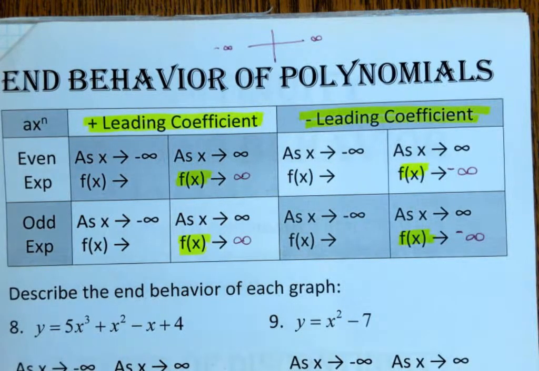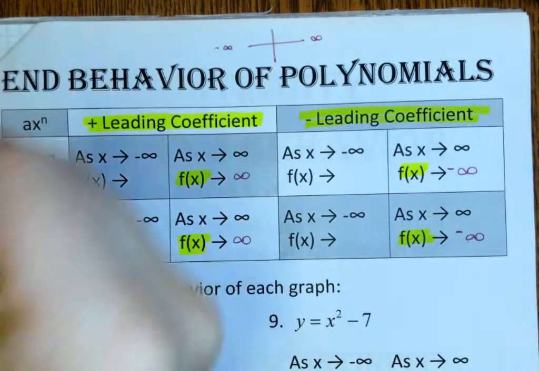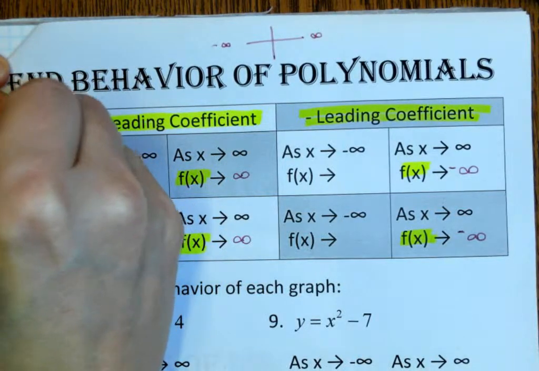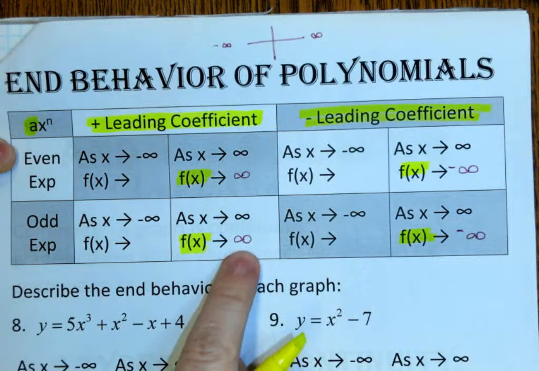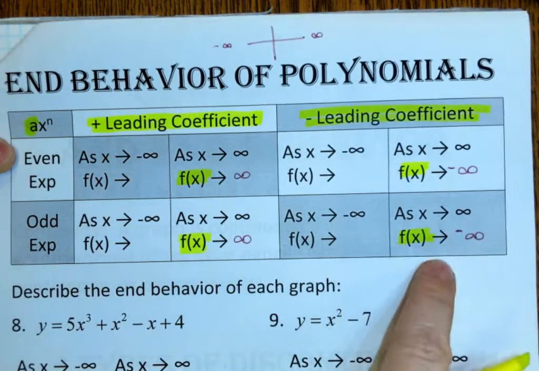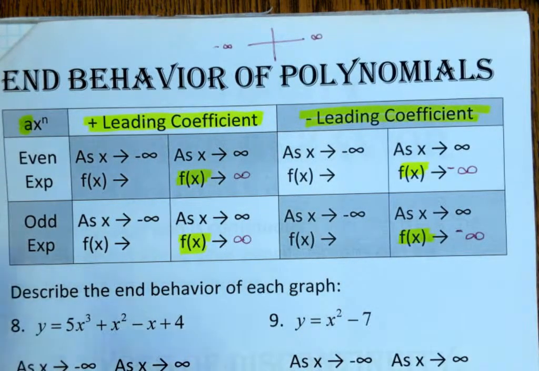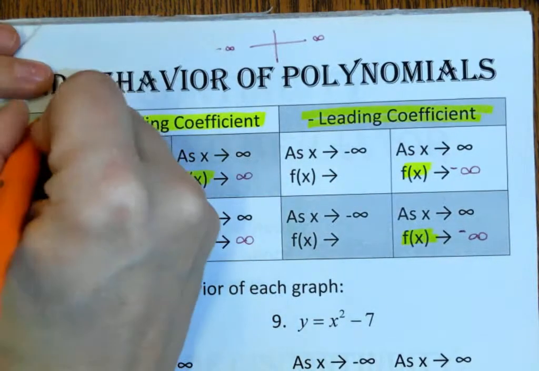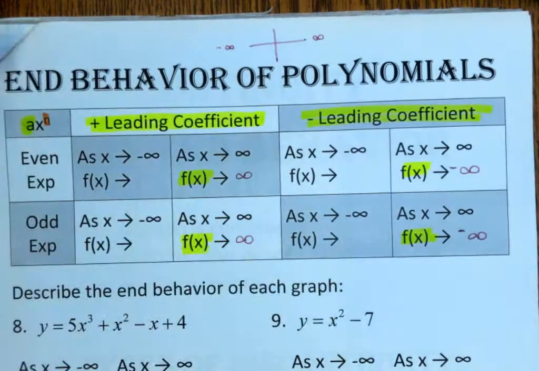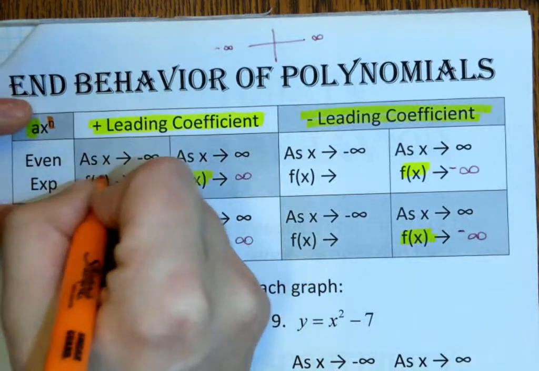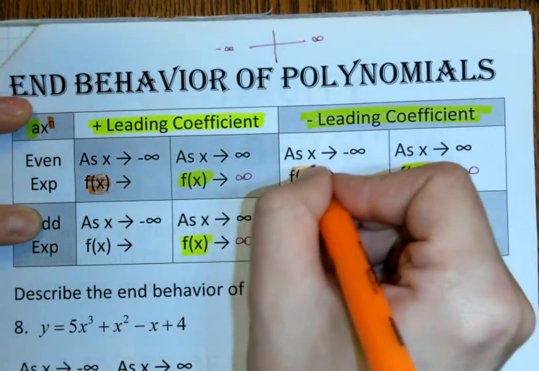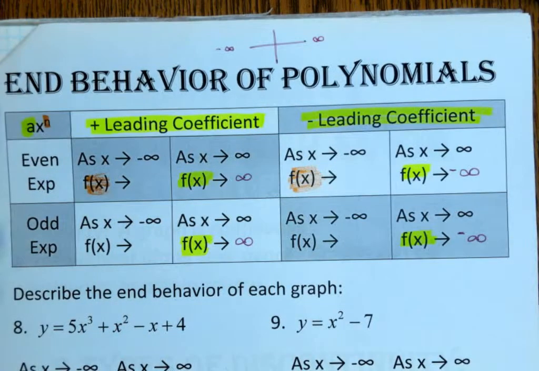To me, that's the easiest question to answer. You're going to look at it and you're going to say, this number, the number in front of your highest power on x, if it's positive, your graph ends going up. If it's negative, your graph ends going down. Then we look at the power. And we say, okay, if that power is even, it's going to start doing the same thing as it ended.